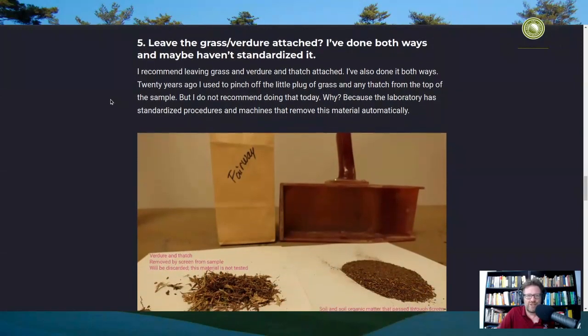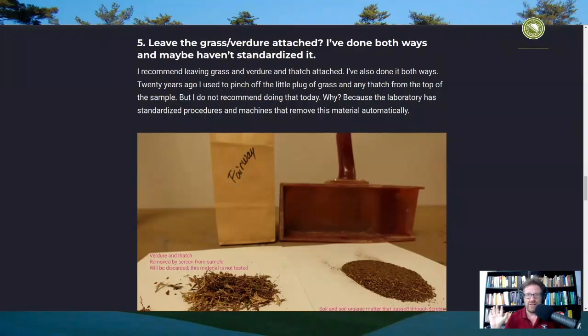The next question was, do I leave the grass attached? I've done it both ways and maybe haven't standardized it. So this is a common question. Do you leave the grass and thatch on the sample and only submit the soil portion of a sample, or do you leave everything on the sample?